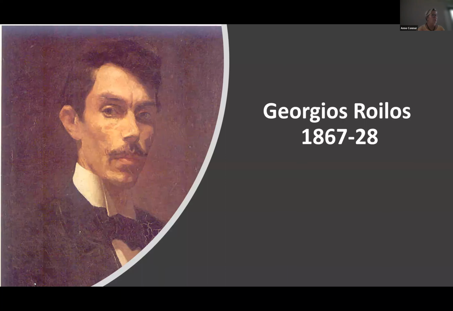Another of that group, Georgios Hoylos, considered the most important and influential Greek painter of the time, was born on the mainland in 1867 and lived until 28. Unfortunately, I couldn't find very good reproductions because they are not very known to the general public, and I can't even find where they're located, but I wanted to show it to you.